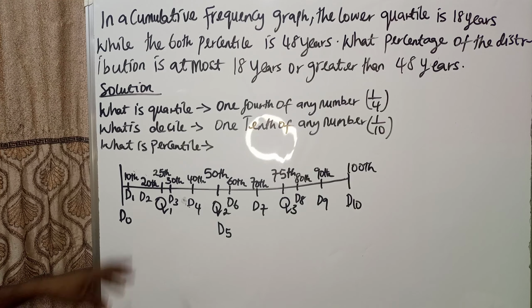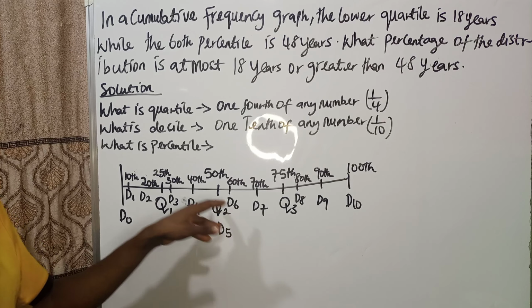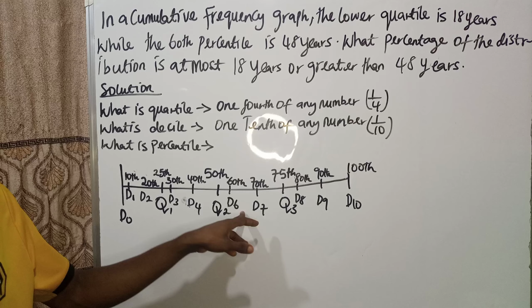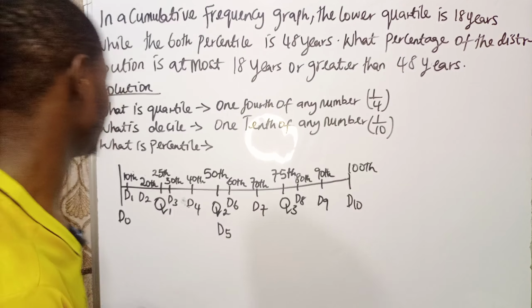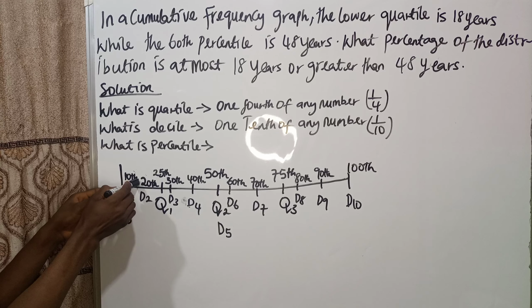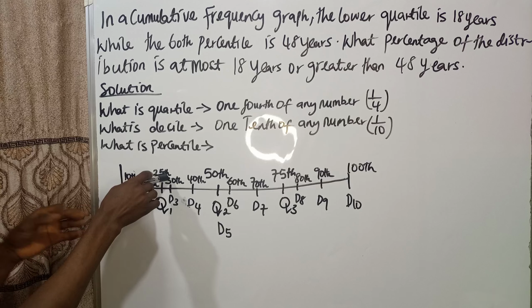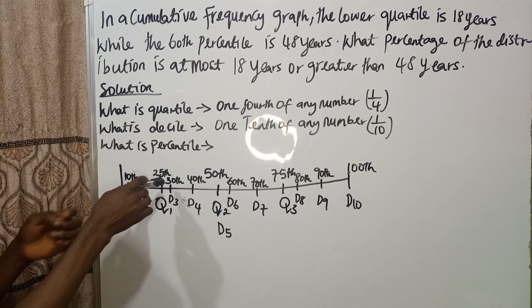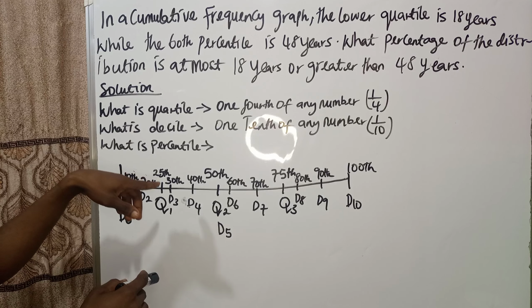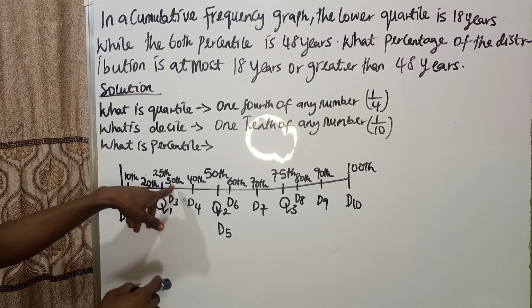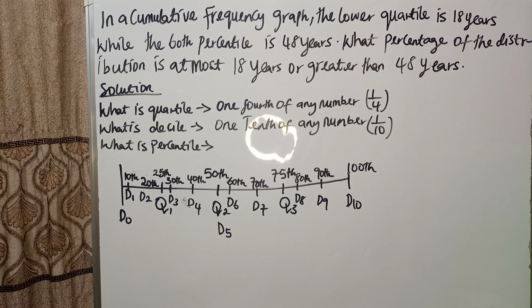So these are decile 1, decile 2, decile 3, decile 4, decile 5, decile 6, decile 7, decile 8, decile 9, decile 10. These are the percentiles: 10th percentile, 20th percentile, 25th percentile, 30th, 40th, and so on and so forth.